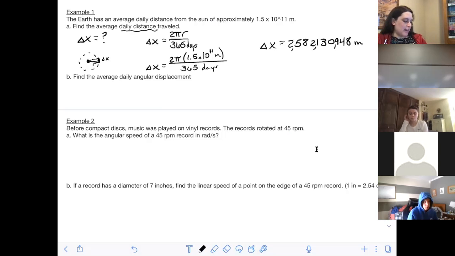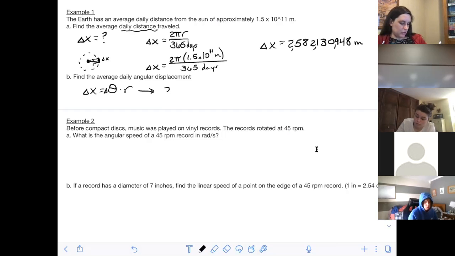Now let's look at part B, find the average daily angular displacement. What is the angle that I am sweeping out every day? That's going to be a lot easier because I already know my daily distance and my radius, so I can use delta x equals delta theta times r.